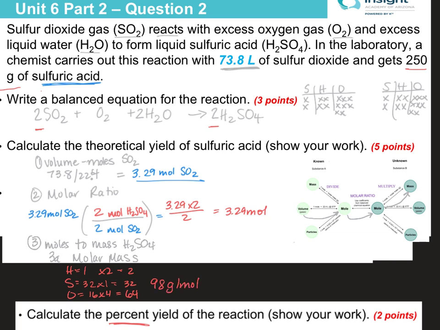All right, and 3B is the actual calculation. I'm going to multiply my 3.29 times 98 to get 322.87 grams.